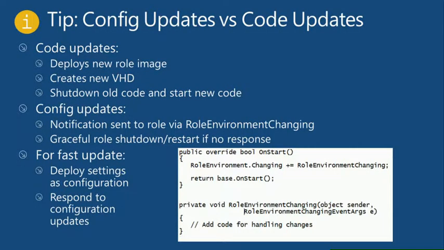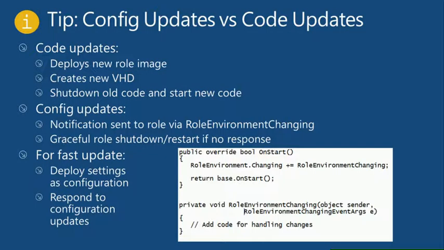In fact, if you respond to role configuration changes, we don't even recycle your role process. So the fastest way to get an update is to get it through configuration in service.cfg, and then have a role environment changing callback there that responds that you can accept the notification. So your service dynamically responds to configuration updates.